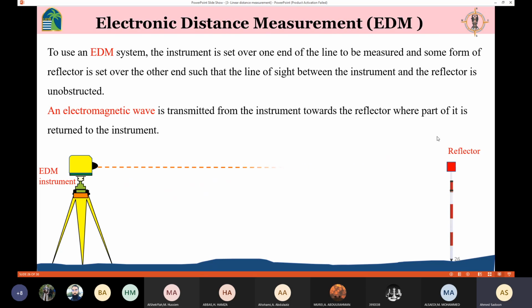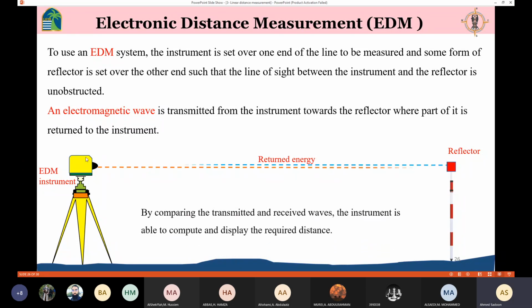This reflector is going to reflect the waves that have been transmitted from the EDM instrument. So this device is going to transmit electromagnetic waves, okay, and the reflector is going to reflect these waves again, and the device is going to receive the reflected waves. So I need to put the instrument at one end and the reflector at the other end, and then the electromagnetic wave is going to be sent and then returned again.